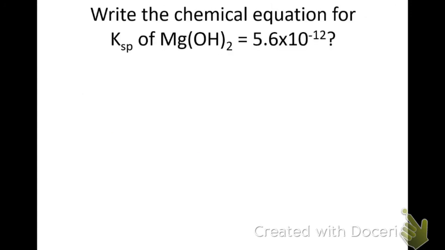Okay, so let's practice writing a balanced chemical equation for KSP of magnesium hydroxide, which has a KSP of 5.6 times 10 to the minus 12. Alrighty, so like we said, the pattern is that we start with our solid, and that's in equilibrium with the aqueous ions.